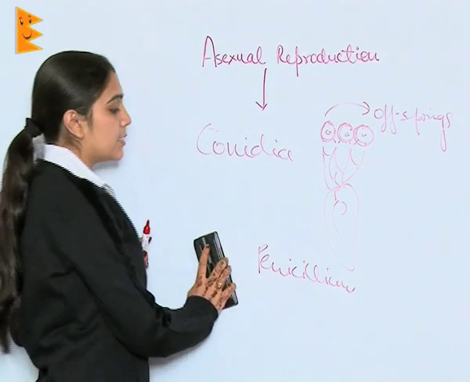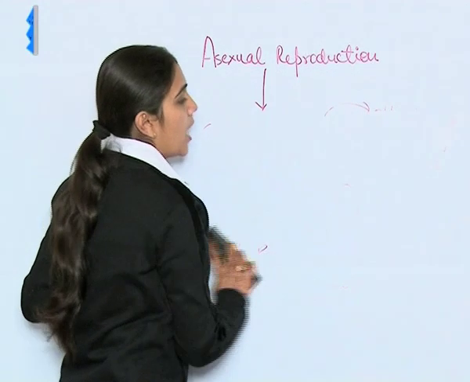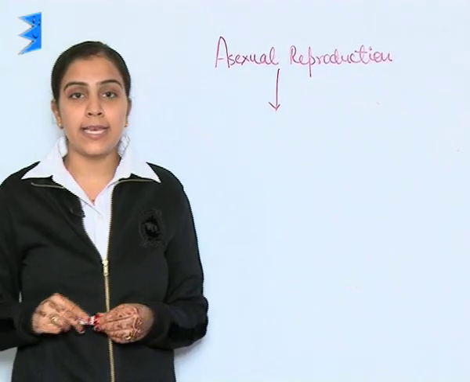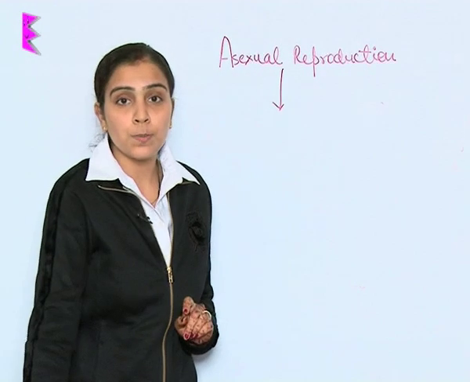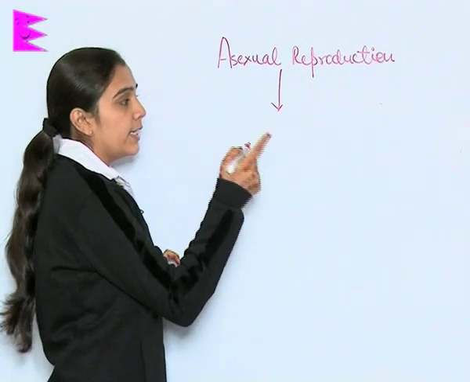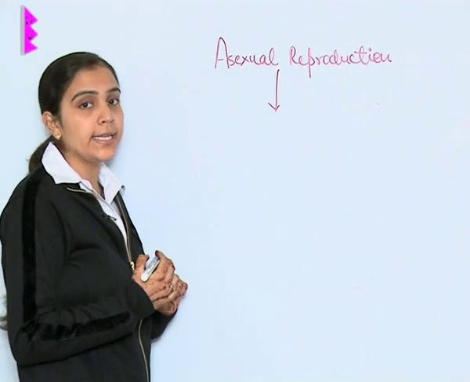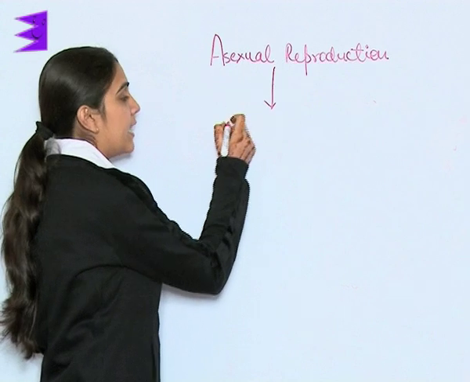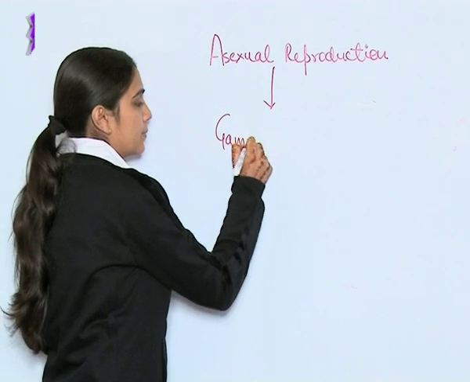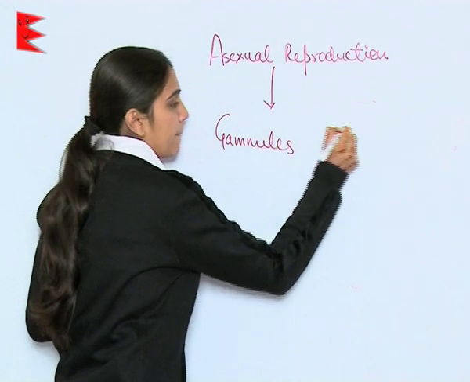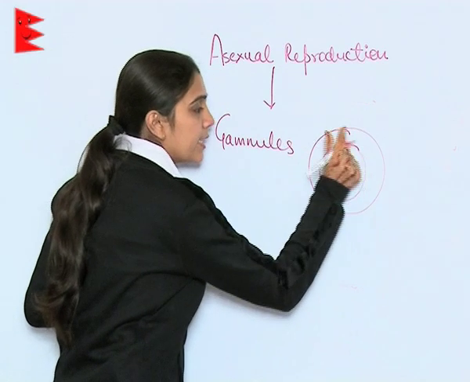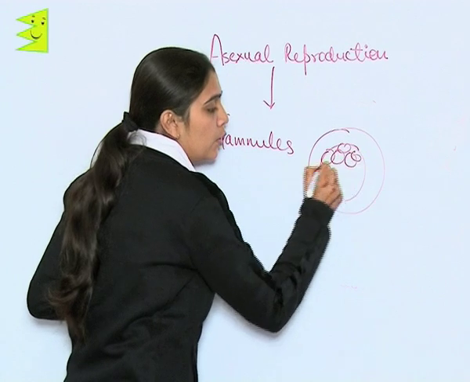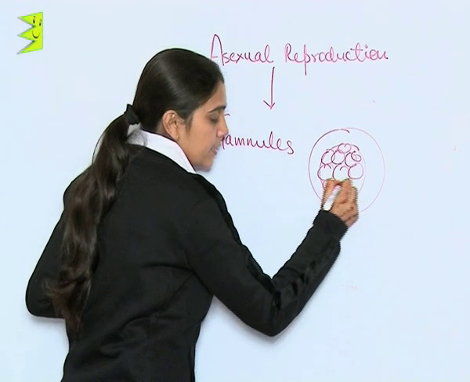The next process will be gemmules. Now, processes like gemmules, zoospores and conidia are seen usually in the case of Monera and Protista. So, now I will be telling you about gemmules. This is the parent body and these are the number of gemmules inside it.